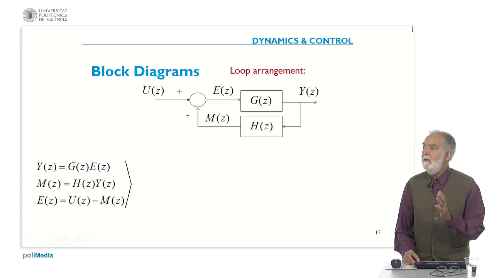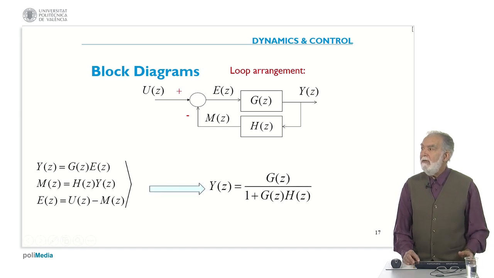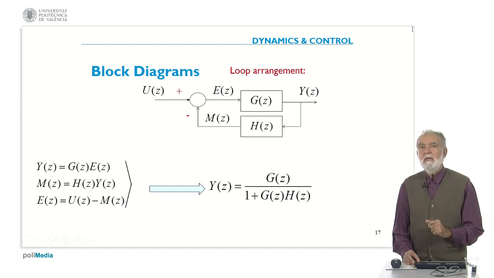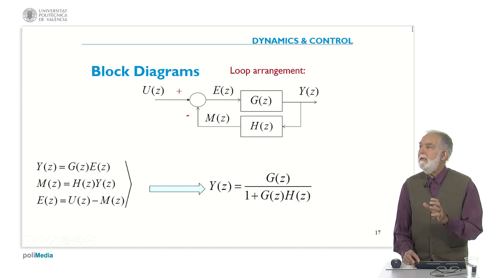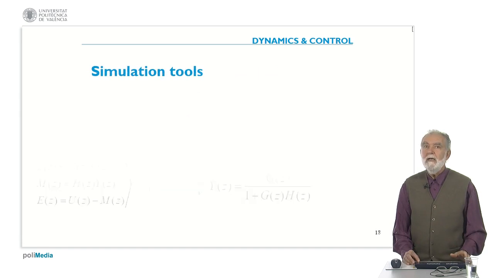Y is equal to G E, M is equal to H Y, and E is the difference between U and M. And putting all together, we derive the global transfer function of this system, which is not a product, it's not a sum, but a more complex composition, a more complex operation, and being more complex means also richer. The loop arrangement is much richer than the series or the parallel arrangement.